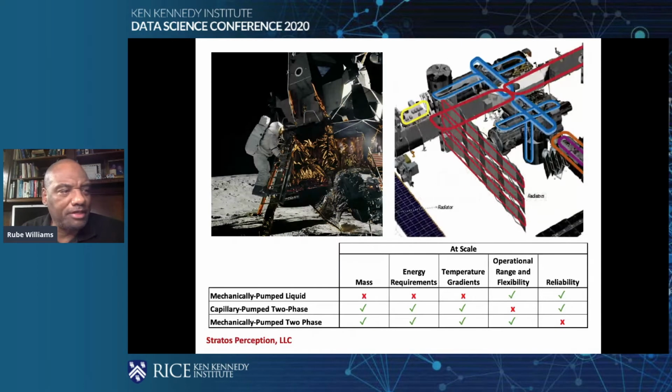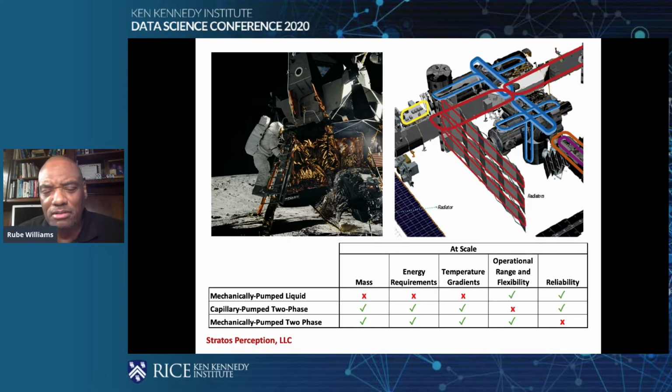Here I'm showing the space station on the right, and you'll see several liquid loops. These are single-phase liquid loops that are providing thermal transport on the space station. The blue in this case are water loops. They're inside the habitat, and they're using water as the working fluid, because if there's a leak, you don't want the working fluid to be toxic to humans.